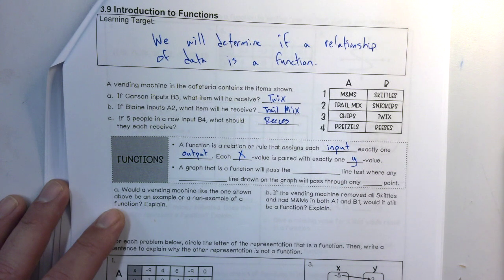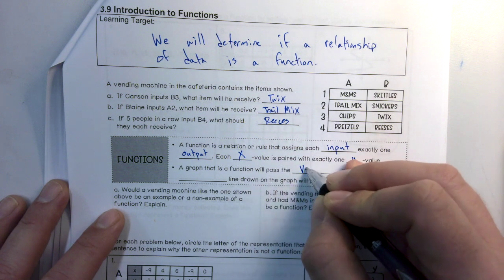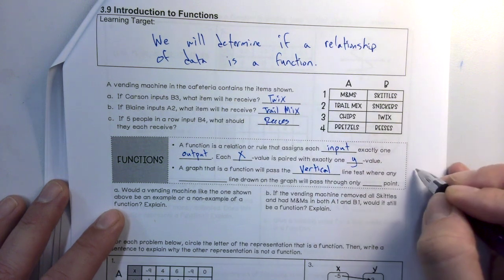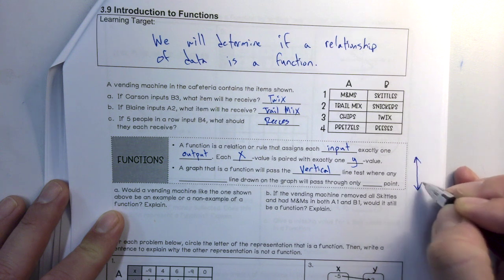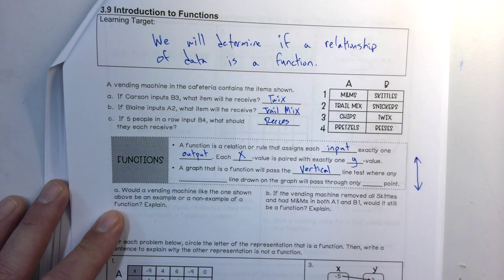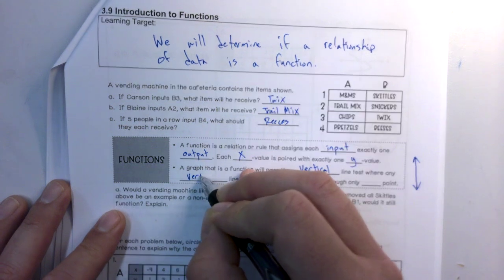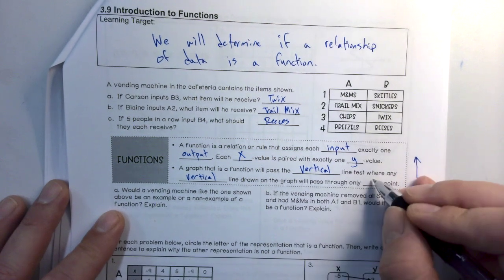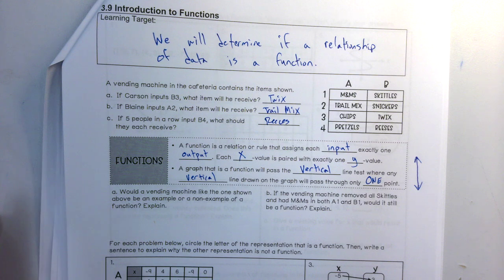A graph that is a function will pass something called the vertical line test. A vertical line is an up and down line. Remember, that's vertical, straight up and down. Any vertical line drawn on the graph will pass through only one point.